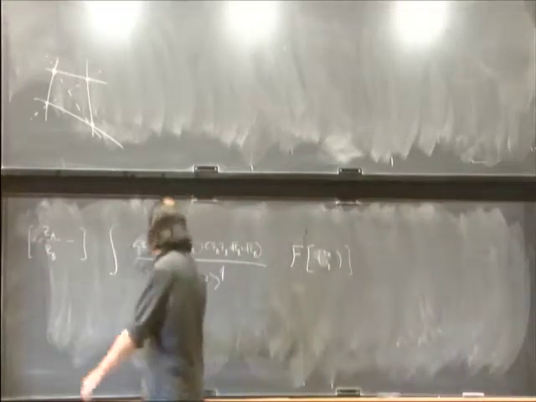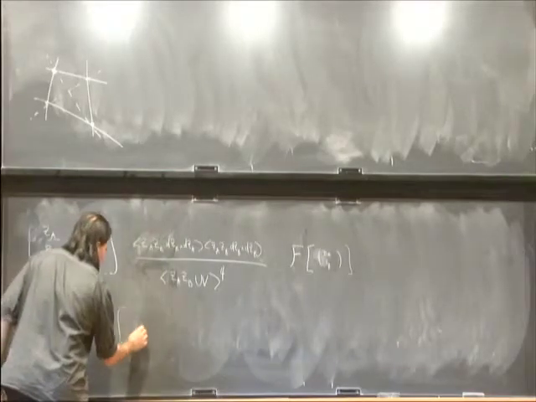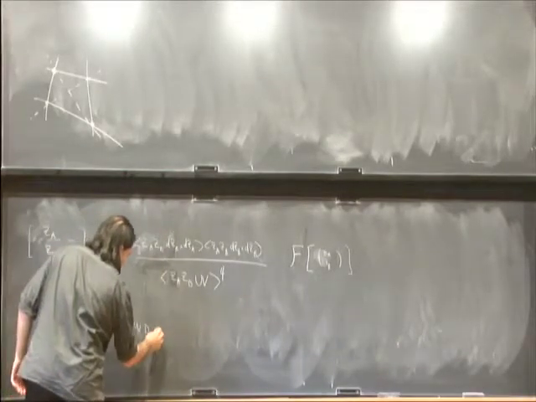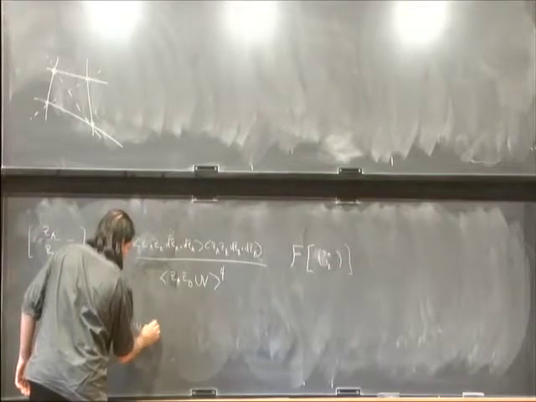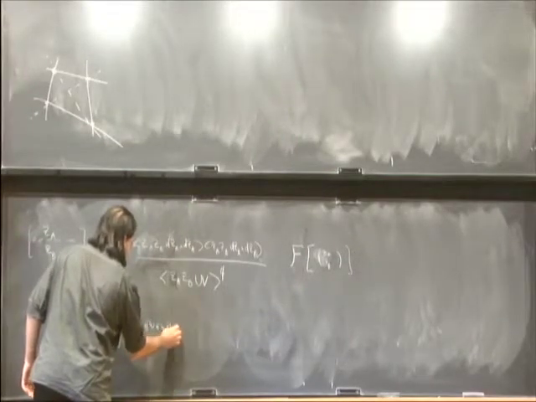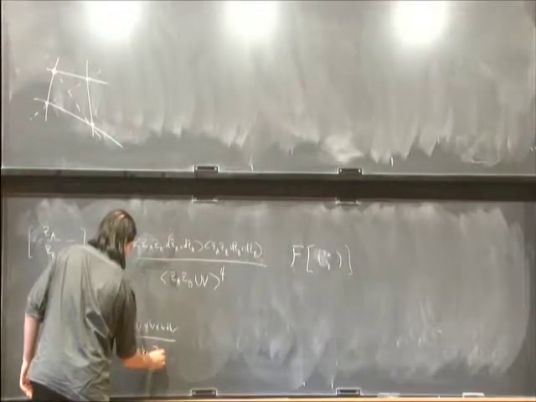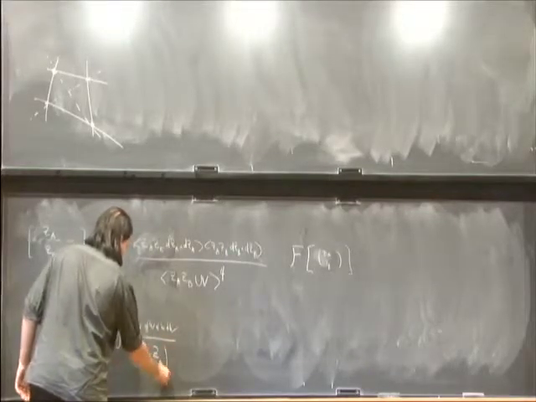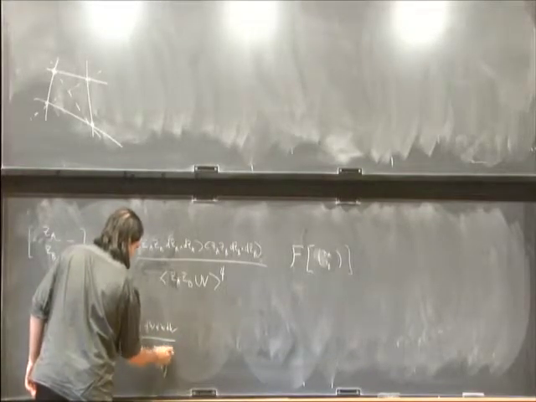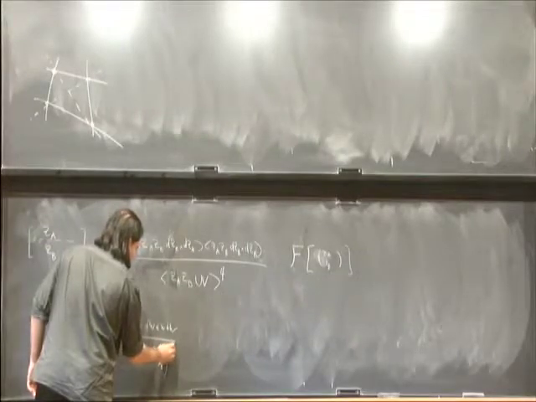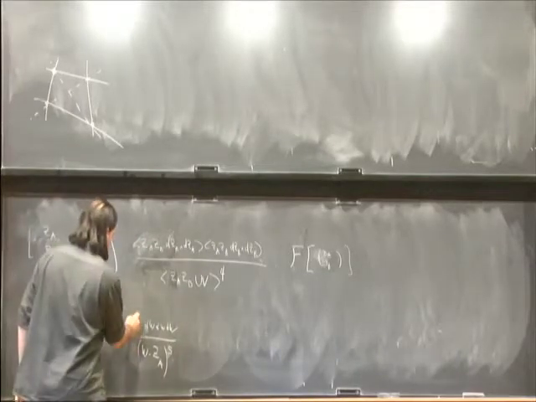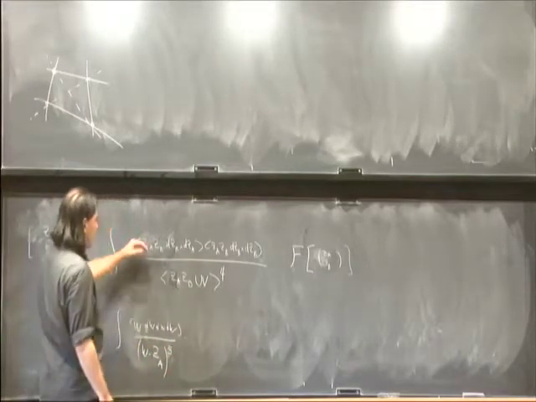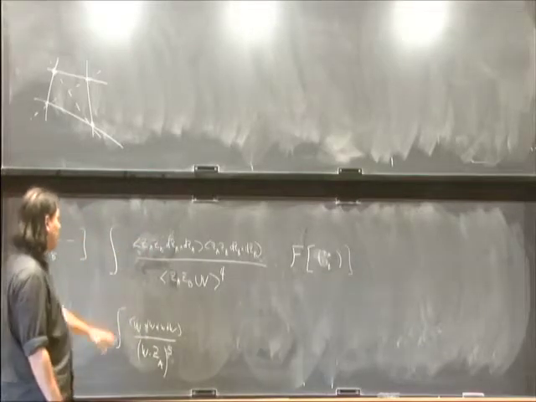So this is meant to be analogous to what we did before, which was W, W dW dW dW in CP4 over W dot Z. I called it Z naught before. I can call it ZA to the 5th. So now it's an integral over the Grassmannian.